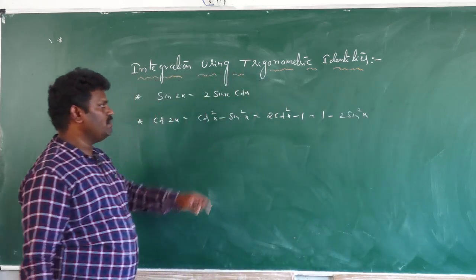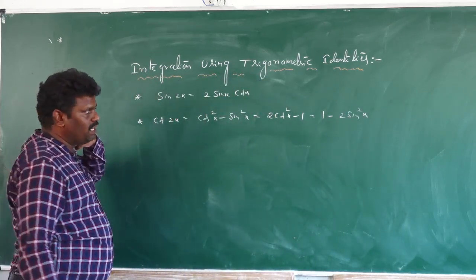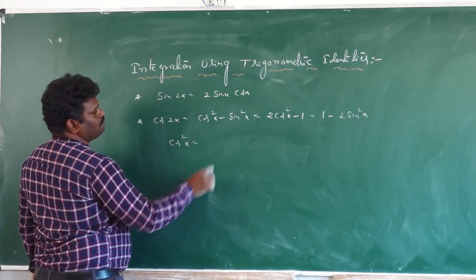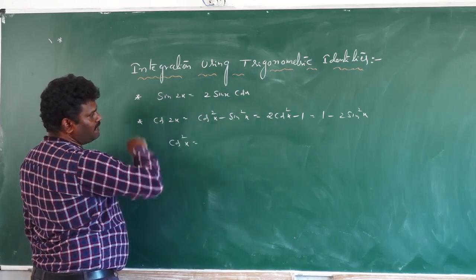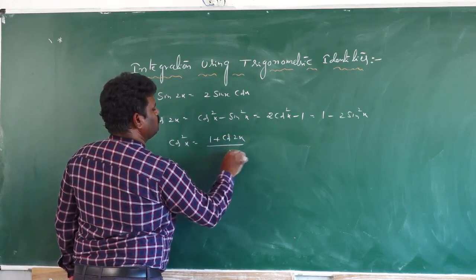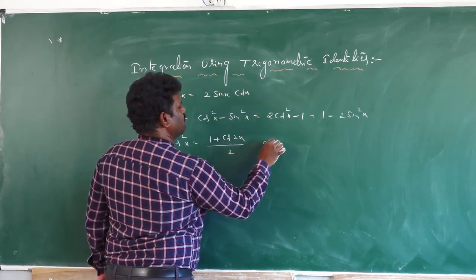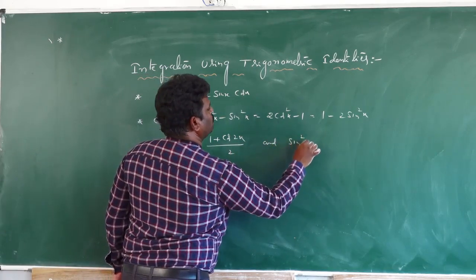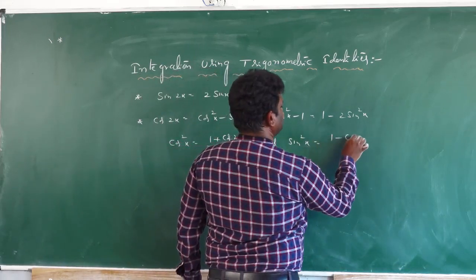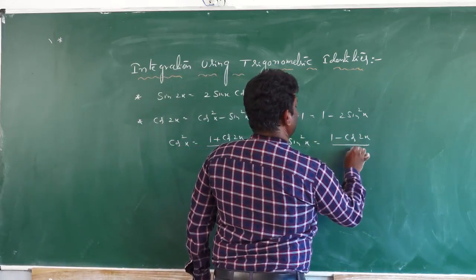From these, if you want cos square x, it is 1 plus cos 2x by 2. And if you want sin square x, taking 2 sin square x to this side, it is 1 minus cos 2x by 2.